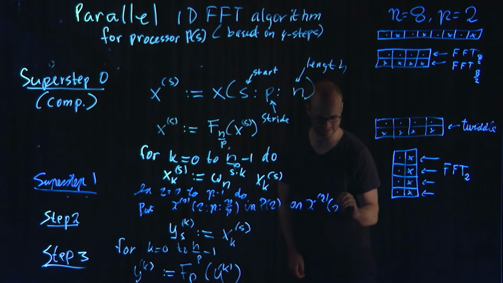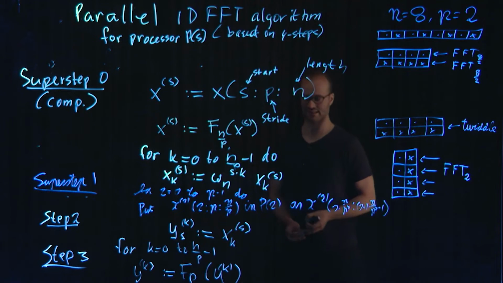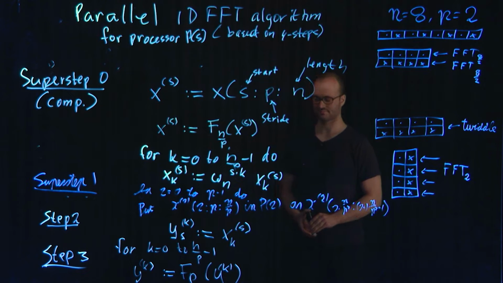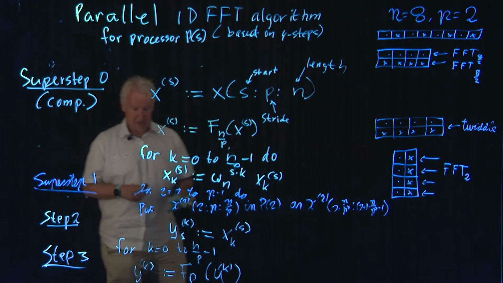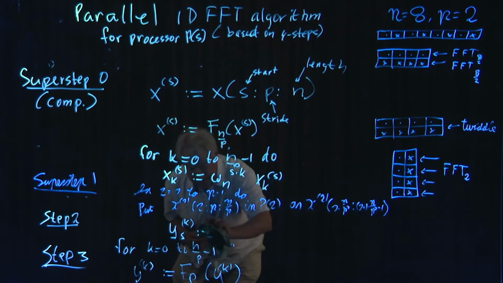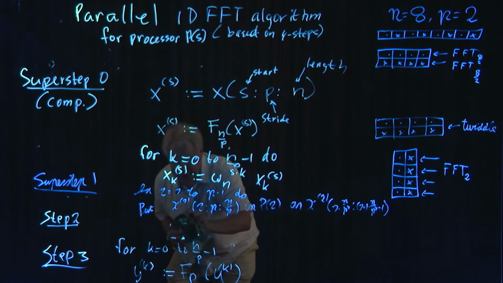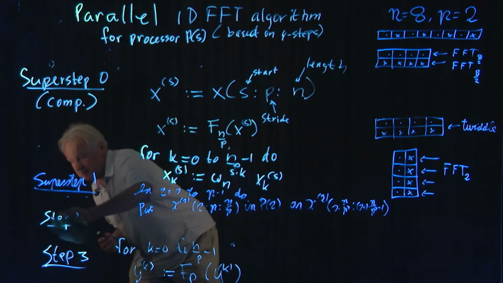So that it's going to look like S times n over p squared up to S plus 1 times n over p squared minus 1. And that is the first and only communication superstep. Okay, so we wipe out, of course, the part that was from the sequential program. Gives us also some space.